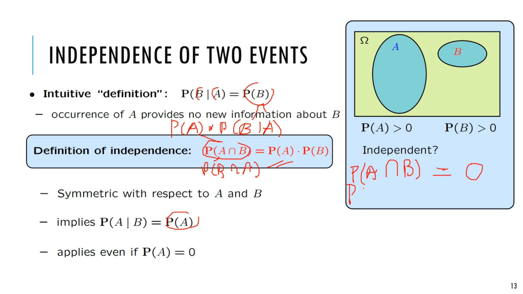Probability of A multiplied by probability of B is greater than 0, since A is greater than 0 and B is greater than 0. So we can conclude that they are not independent, since it violates this definition. Here we can see the total difference between disjoint events and independent events. Disjoint events do not mean that they are independent.